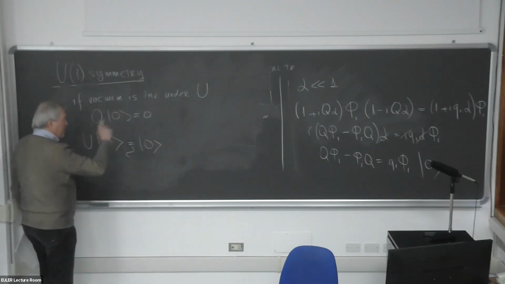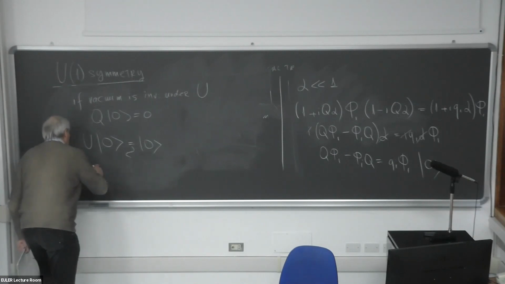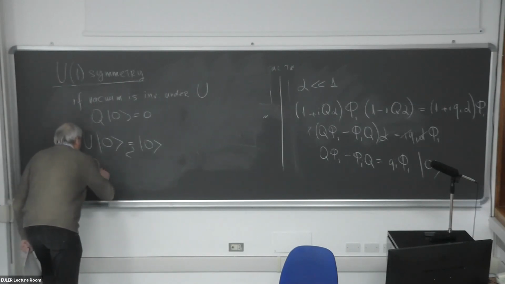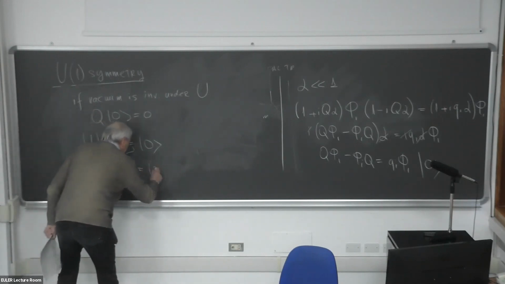But here I need to use my exponent. And for an infinitesimal transformation, I will have 1 plus I Q alpha multiplied by the vacuum state is the vacuum state.